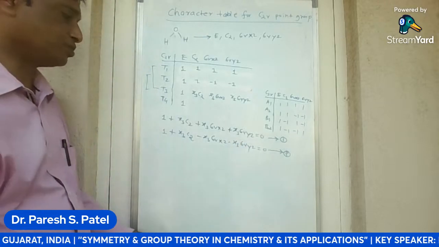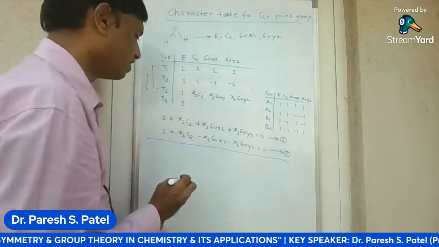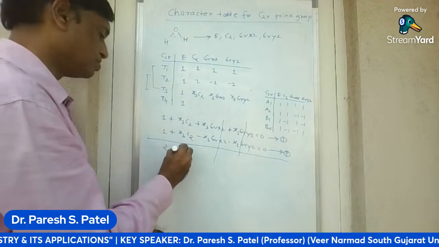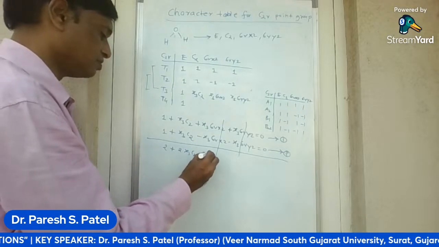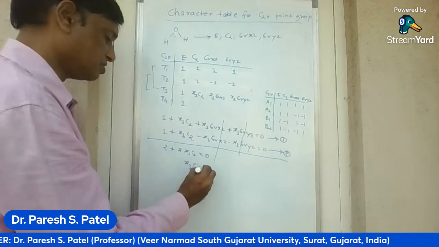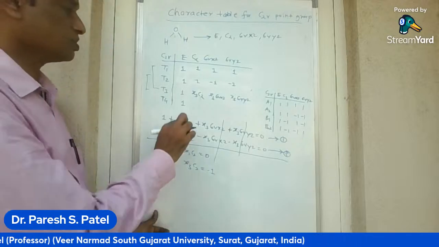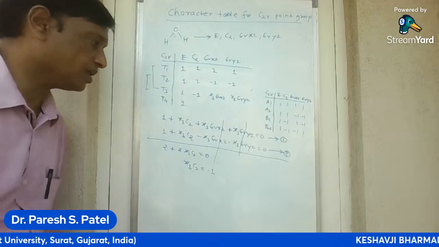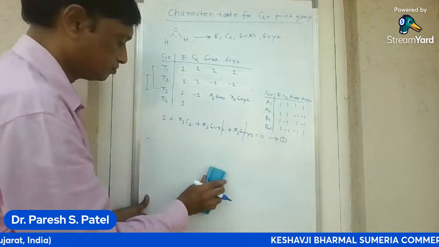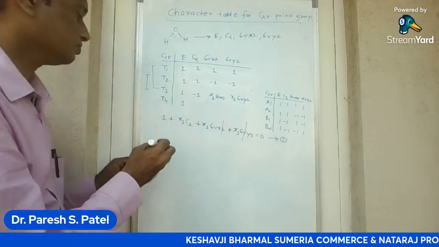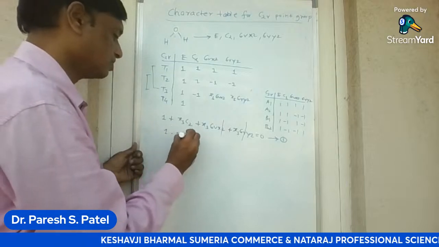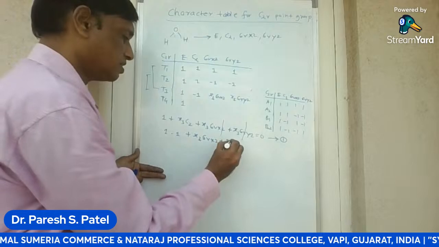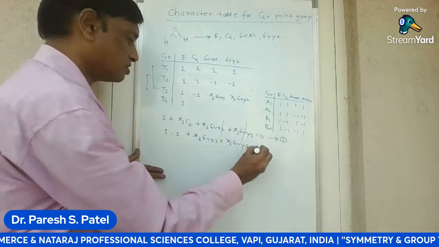Now, this is the equation number 2. Now, add equation 1 into 2. So, what will happen? These cancel out. 2 plus 2 character 3C2 is equal to 0. It means character 3C2 is equal to -1. Now substitute value in any one equation. 1 -1 plus character 3 sigma v xz plus character 3 sigma v yz is equal to 0.